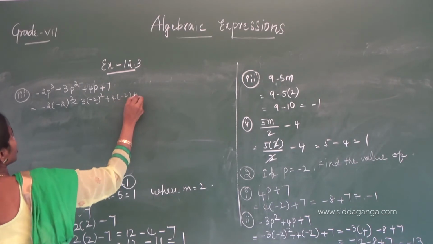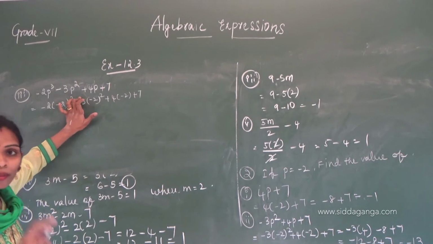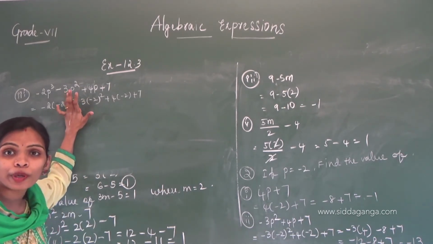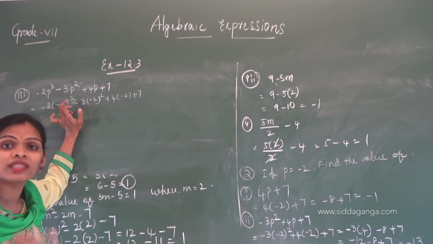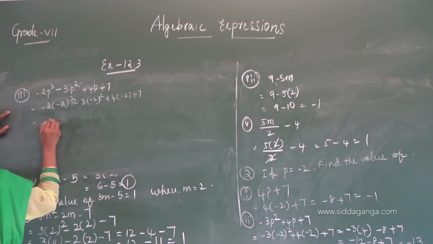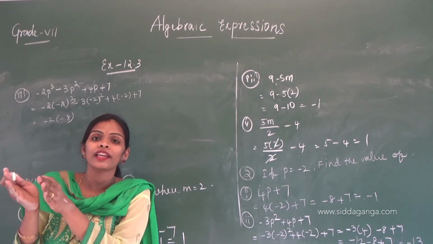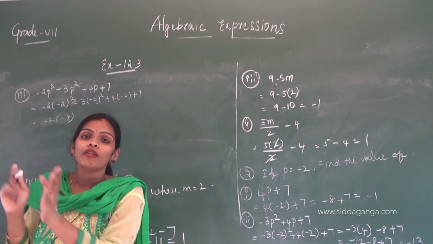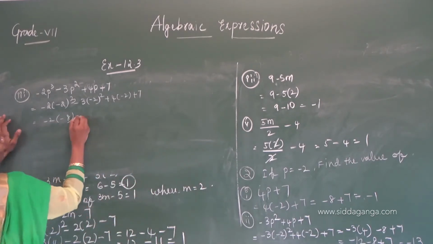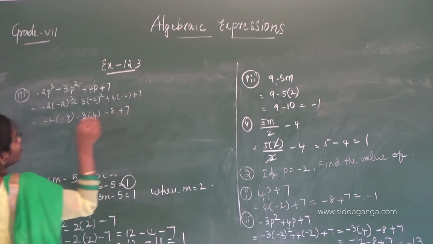Here, if you observe, children, they are introducing cubes also. Cube means p into p into p. If in place of p you apply minus 2, it means minus 2 into minus 2 into minus 2, which is minus 8. So minus 2 into minus 8 is plus 16. Minus 3 into 4 is minus 12. Plus 4 into minus 2 is minus 8, plus 7.